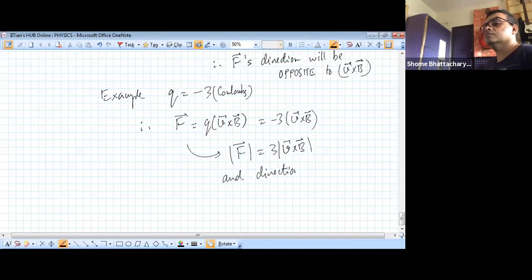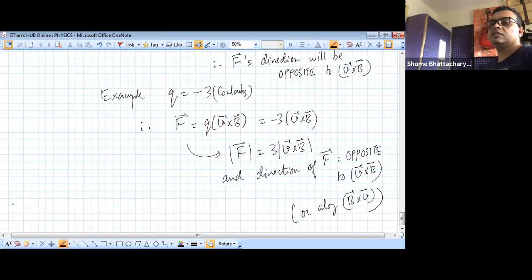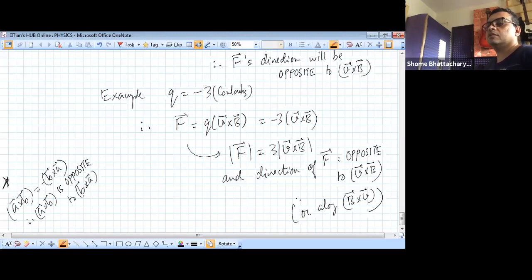the direction of the force will be opposite to V cross B. Opposite to V cross B also means it will be along B cross V, because remember that V cross B is minus of B cross V. So V cross B is opposite to B cross V. Just keep this in mind.